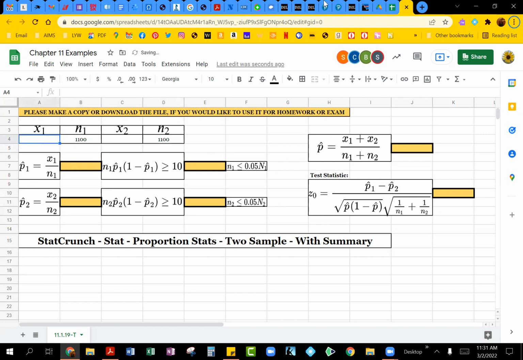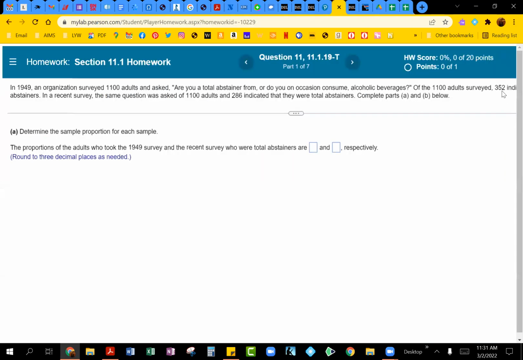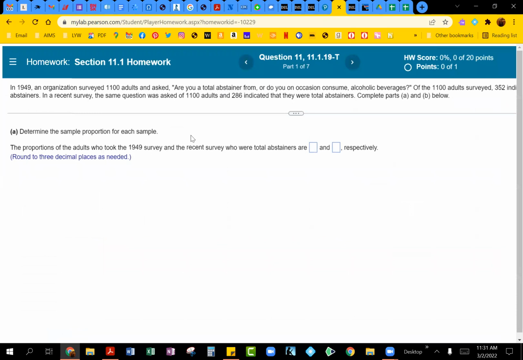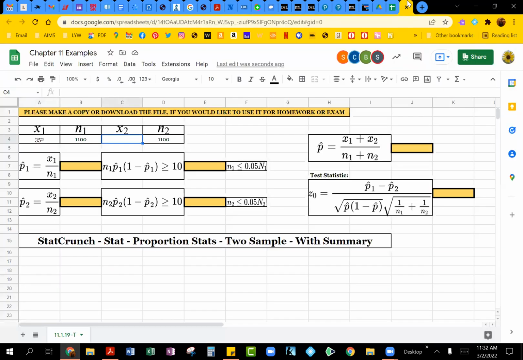Now for X1, they told us that 352 people indicated that they were total abstainers. So the 352 will of course become our X1 value. And then for X2, that will be from our recent survey where we had 286 people say they were total abstainers. So that's the 286 from there.